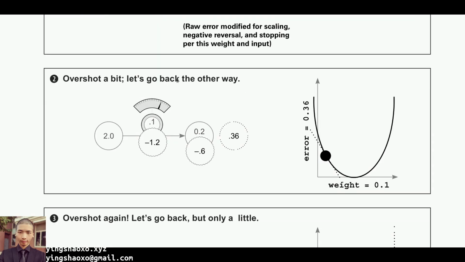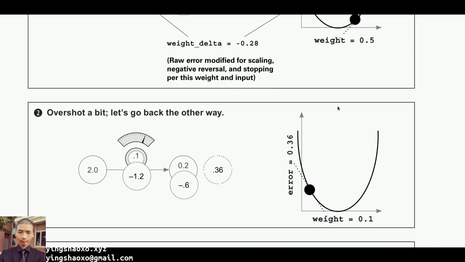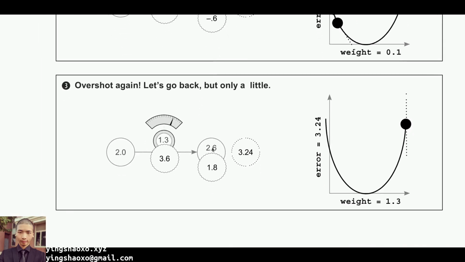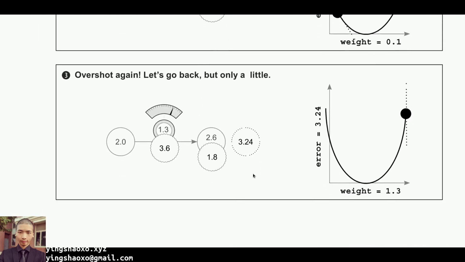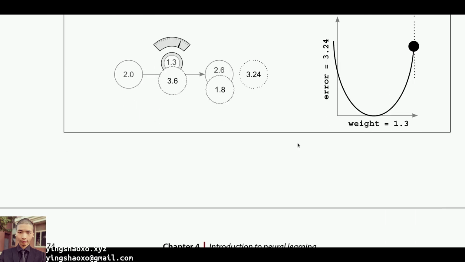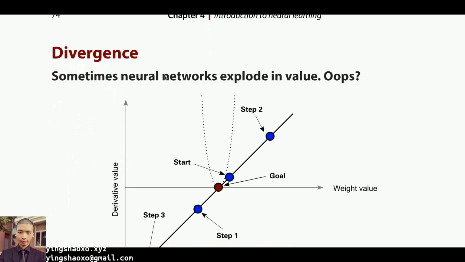It overshot a bit. Let's go back. You can see the black point go from the right to the left. Then it overshoots again. So you go back a little bit, but get a higher value somehow. Divergence. Sometimes neural networks explode in value.